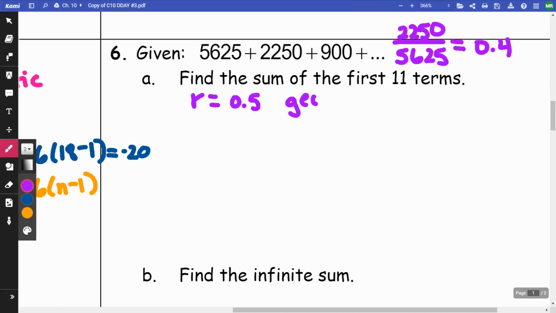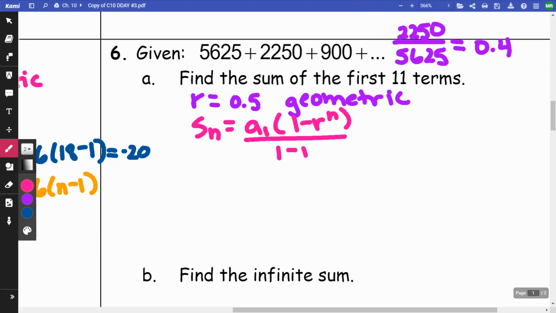This is geometric. So if this is geometric, I am going to be using S sub n is equal to my first term times the quantity 1 minus r to the n all over 1 minus r.